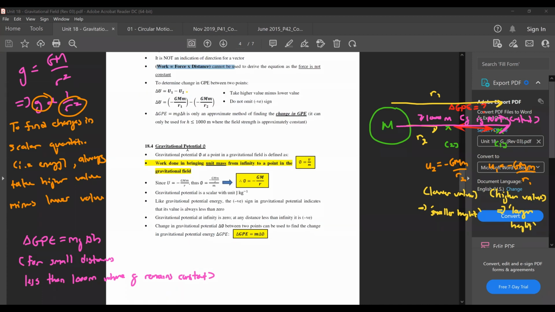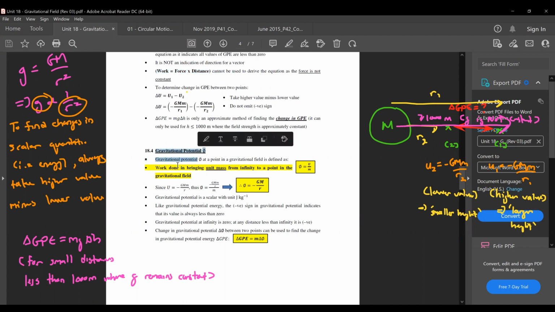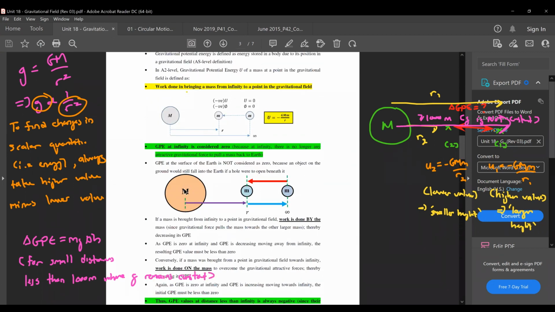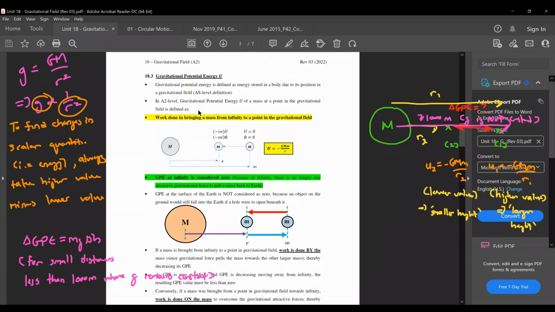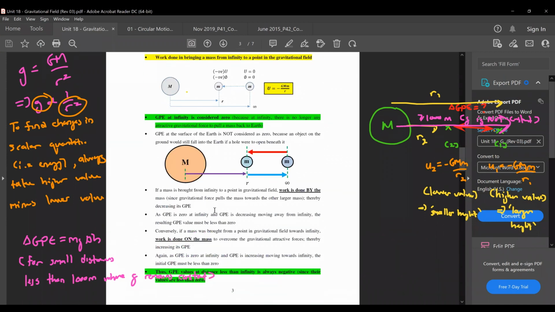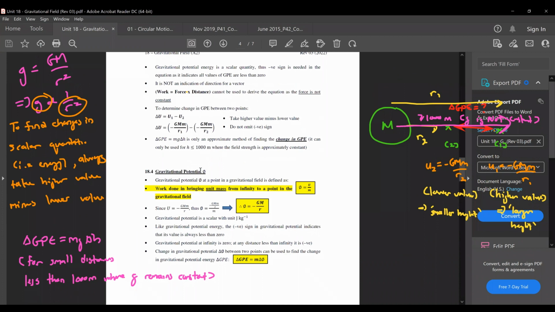Now there's also another different quantity called gravitational potential. Previously you learned gravitational potential energy. The new term that you're seeing here is just the same thing, but without the energy. It's just called gravitational potential. Gravitational potential is kind of the same as gravitational potential energy, just that it's per unit mass.